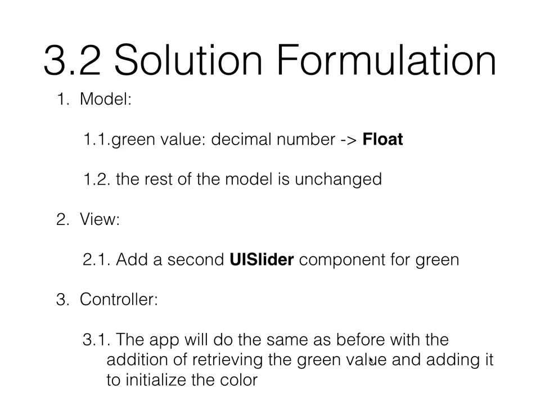So here the app will do the same as before, in addition to retrieving the green value and adding it to initialize the color. When should the app do that? It should do that when the red slider changes and when the green slider changes. So now we have two events. Each of them can generate the changing the color action.